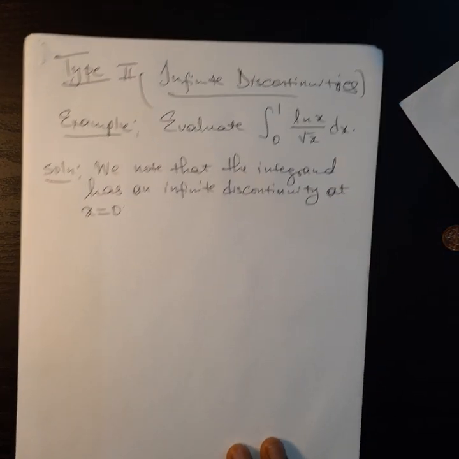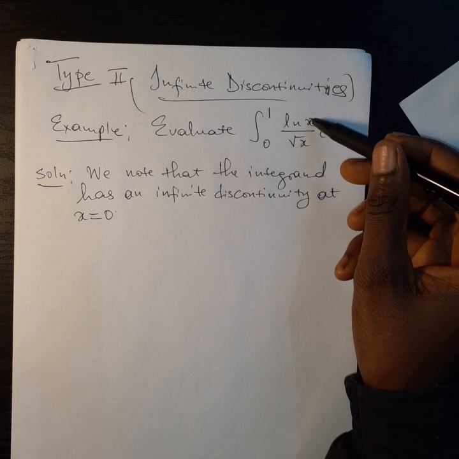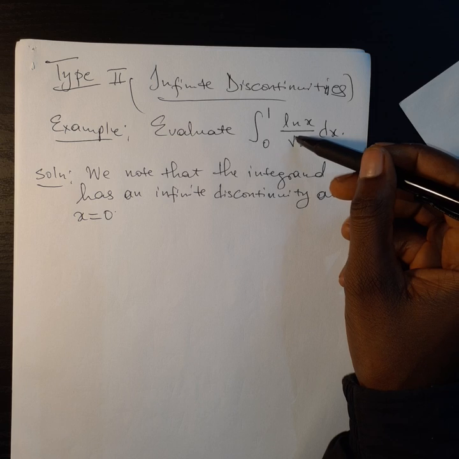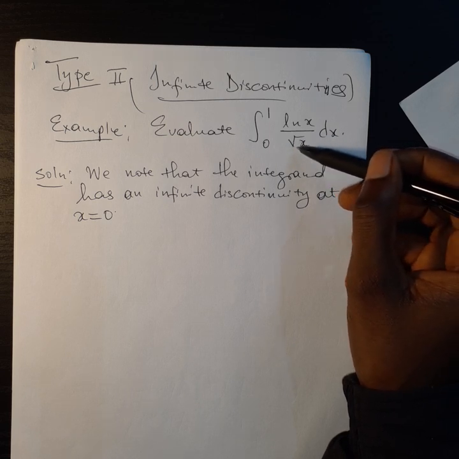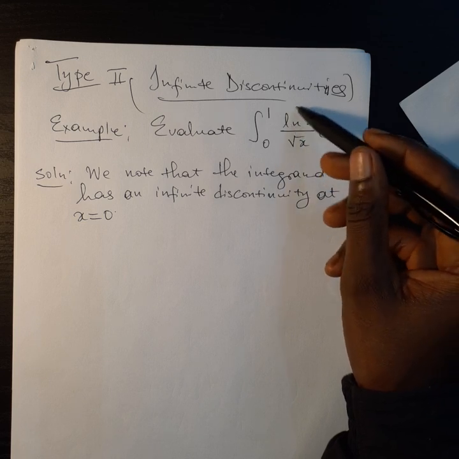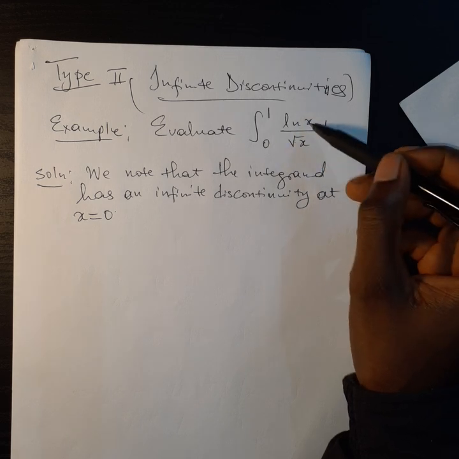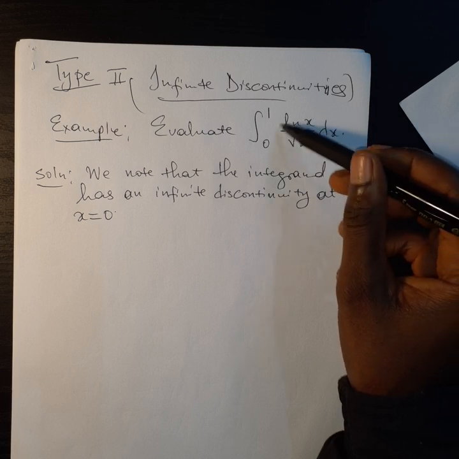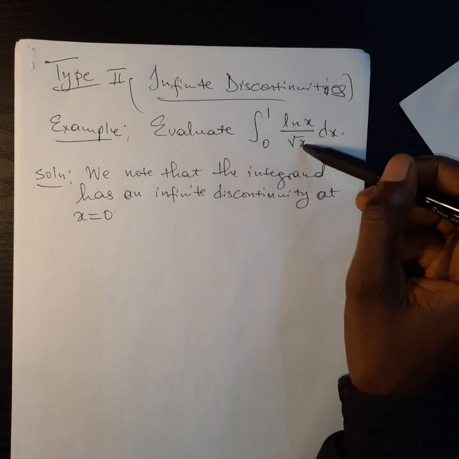What are we saying? We are saying that at x equal to 0, if you put 0 here, the ln of 0 is not defined, and the square root of 0 is 0. So you have something which is not defined anyway, because it will be the ln of 0 over 0.